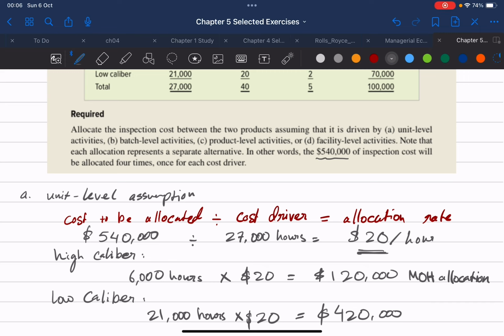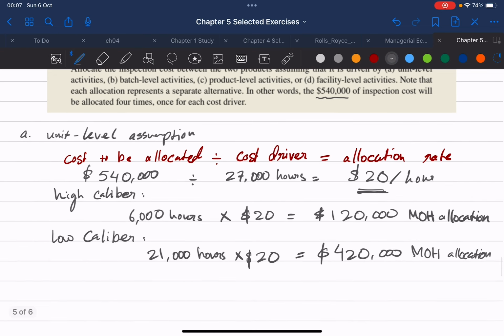And the same thing for low caliber. Low caliber consumes a lot more labor hours, so it only makes sense that we conclude that it is responsible for 420,000 out of the total 540,000 manufacturing overhead. So this is also a manufacturing overhead allocation. It's important that you understand that.